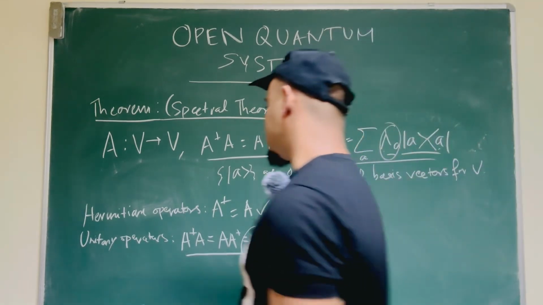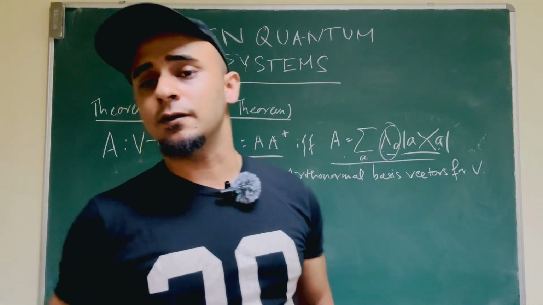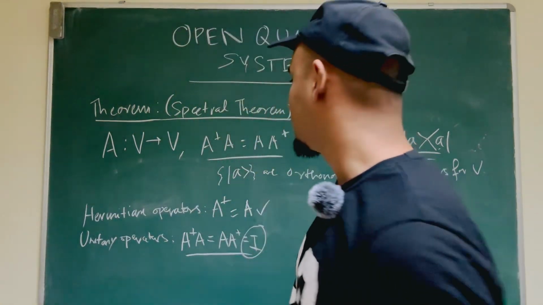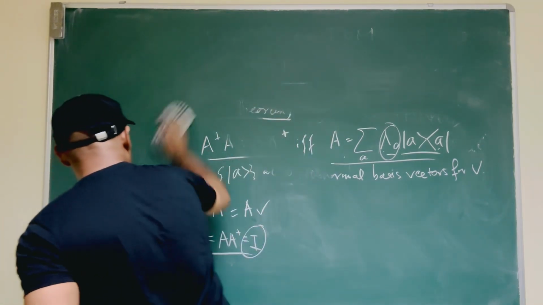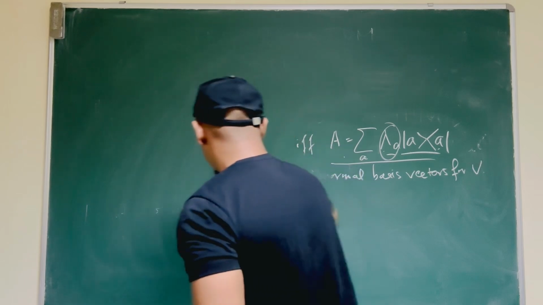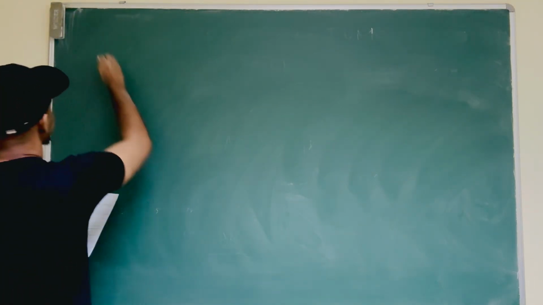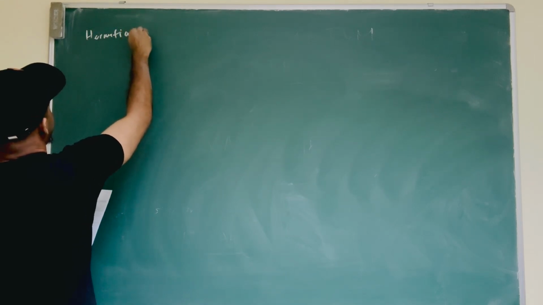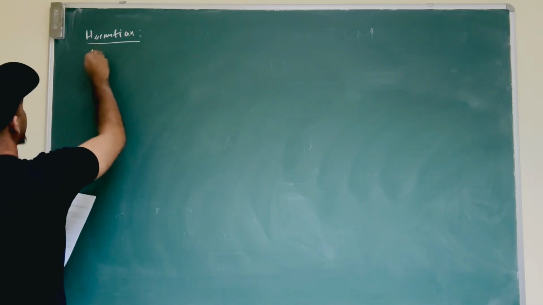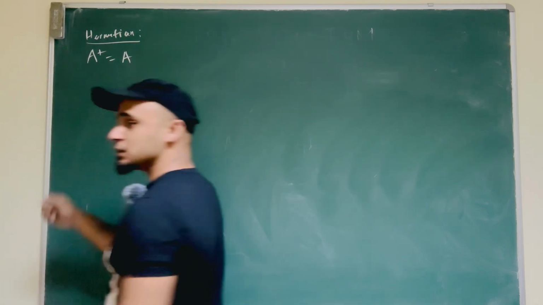So let's see what we can say about the Hermitian operators and the unitary operators based on this theorem. We can make a little bit of analysis. For Hermitian operators, we know that A dagger is equal to A. So let's apply the spectral decomposition theorem on it.